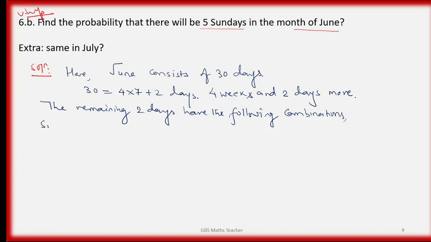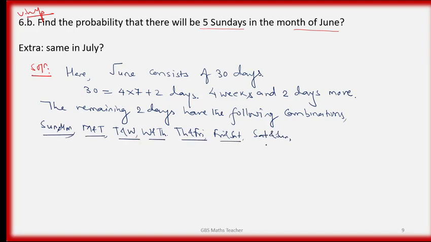It can be Sunday and Monday, or Monday and Tuesday, or Tuesday and Wednesday, Wednesday and Thursday, Thursday and Friday, Friday and Saturday, again Saturday and Sunday. 1 2 3 4 5 6 7 possible combinations.